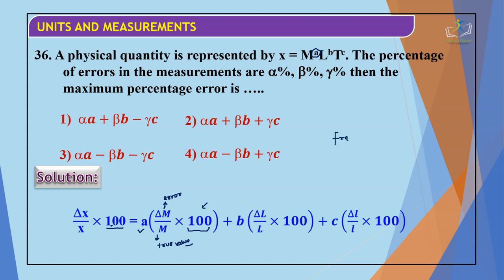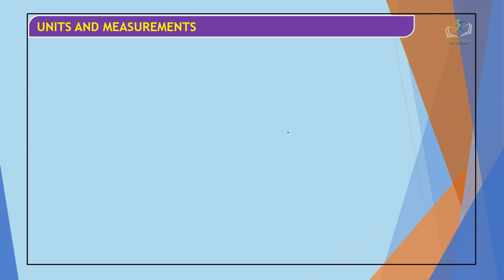If the value is asked as a fraction, change the value, the change meaning the error, divided by m. And if again a power is there, we multiply the power over here. According to that, because this is a percentage, m percentage is alpha percent, b percent is beta percent and c percent is gamma percent. So if we just solve, we get the answer. This is a very easy question.